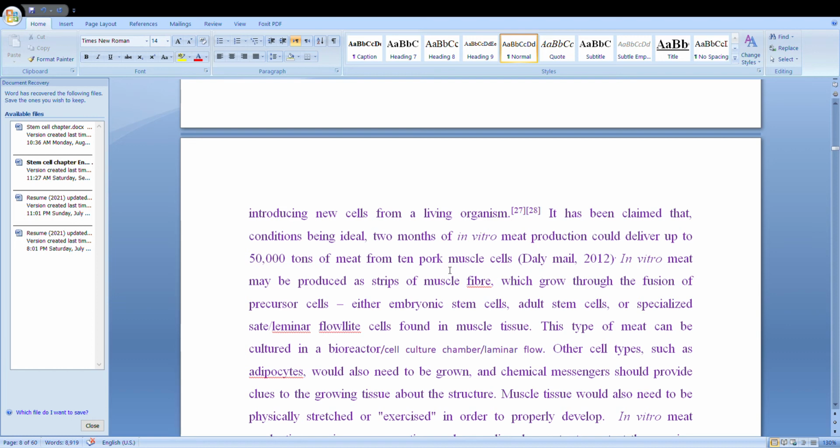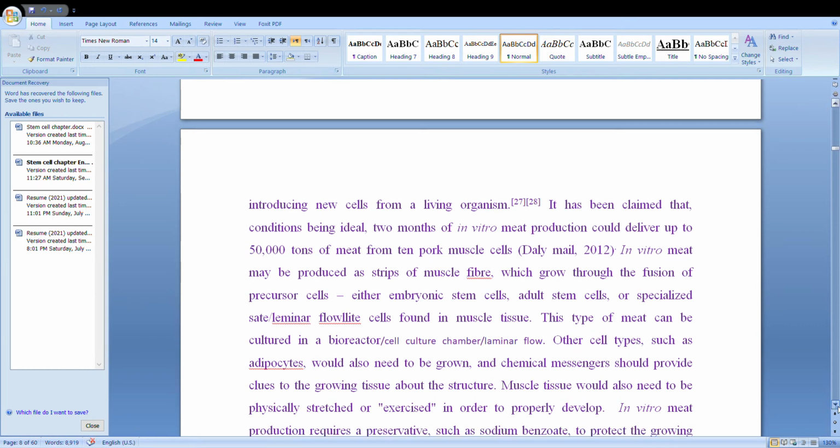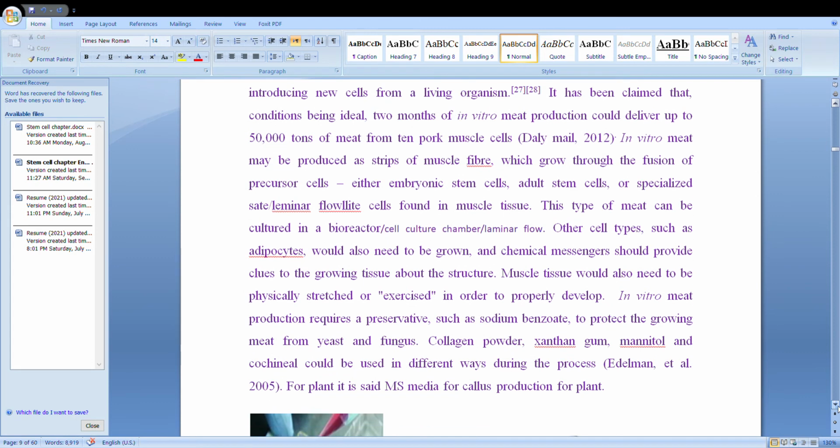We can use the pig, goat, any kinds of animals, camels. In vitro meat may be produced as strips of muscle fiber which grow through the fusion of precursor cells. So here the technique is the same. In vitro meat may be produced in the laboratory.